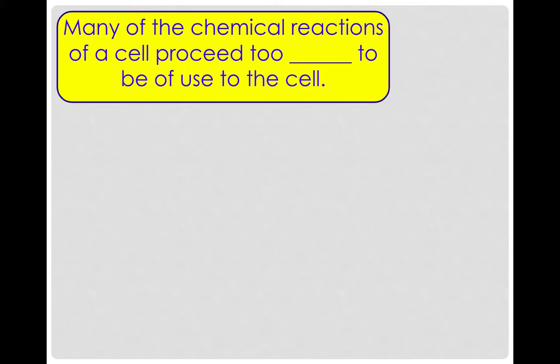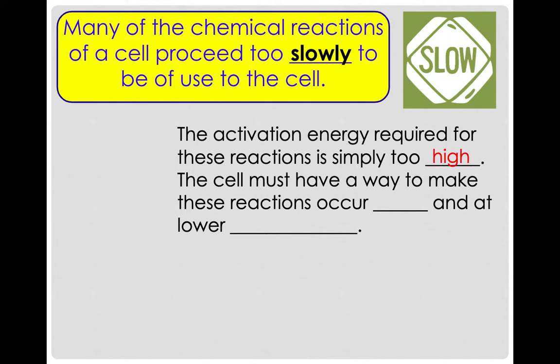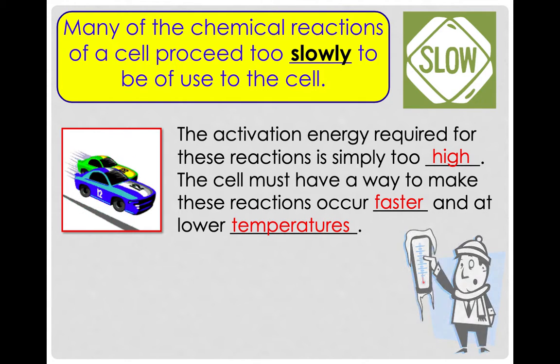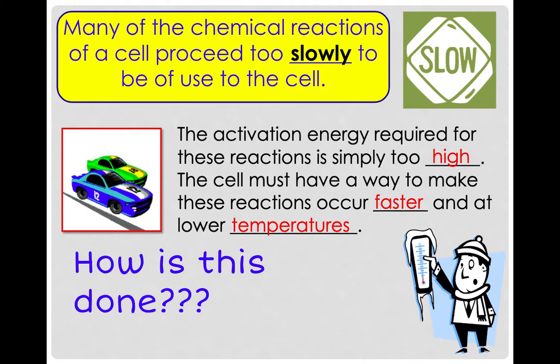So, like we said before, many of the chemical reactions inside cells happen too slowly to actually help the cell. Okay, things happen too slow inside the cell. So the activation energy, remember that's the energy we need to connect or separate substances.